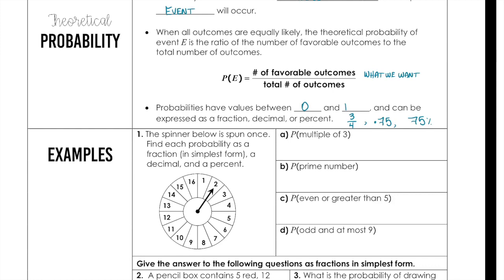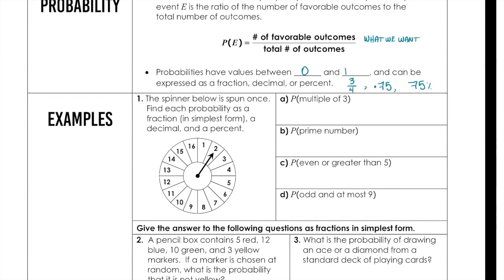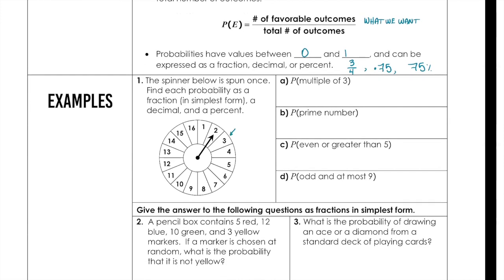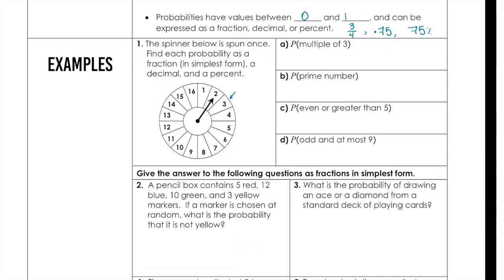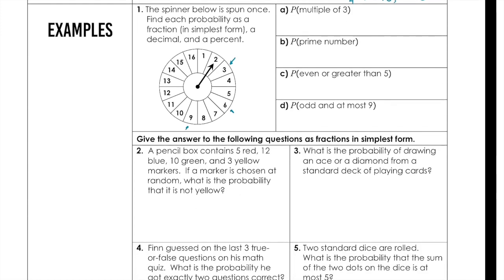So you'll see in our first examples, you get P, which stands for probability, and multiple of 3. So we look at our board, how many multiples of 3 exist on this spinner? So we have 3, 6, 9, 12, and 15.